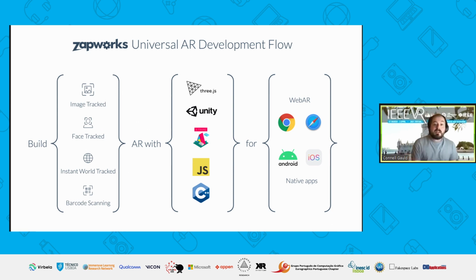The most important thing I think about Universal AR is the breadth of support for deployment. If you're building content with Unity, you could deploy to iOS and Android just by selecting the iOS and Android build targets in Unity. But the most important thing is that all of these tracking algorithms and all of our computer vision technology works on the web, in web browsers already running on your users' phones.